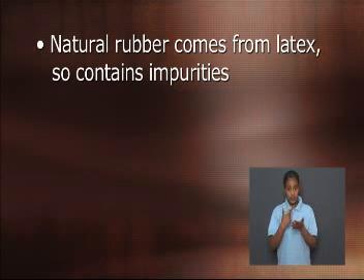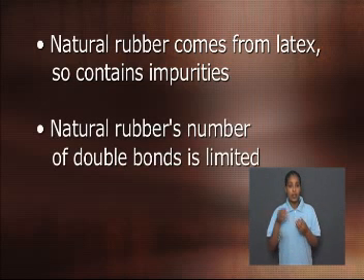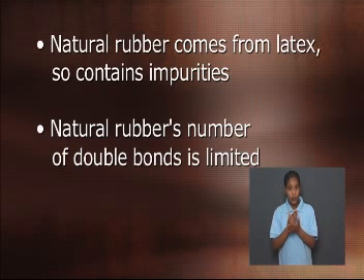This limits the properties that it can have. In addition, there are limitations on the number of double bonds that can be made between polymer chains in natural rubber. Even though natural rubber's properties can be enhanced through vulcanization, it is simply not as versatile as synthetic rubber.